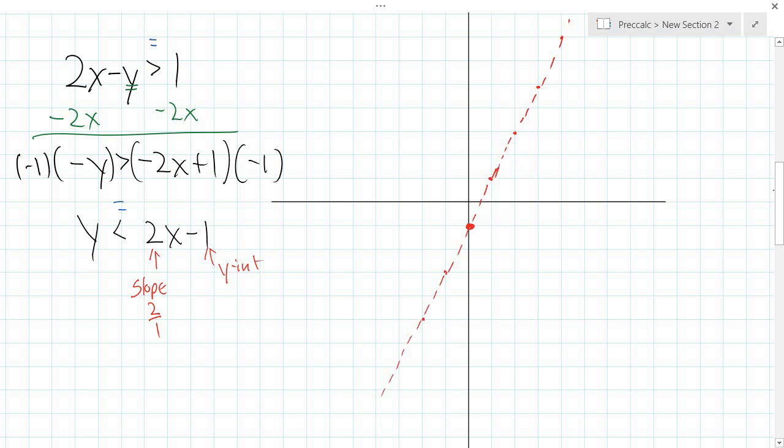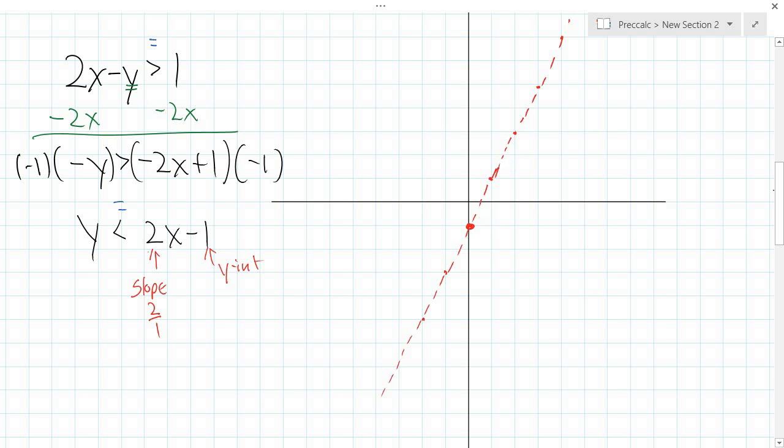Now, this line divides my coordinate plane into two regions. On one side of this line, all of the solutions to this inequality sit. On the other side of the line, none of these solutions to this inequality sit.